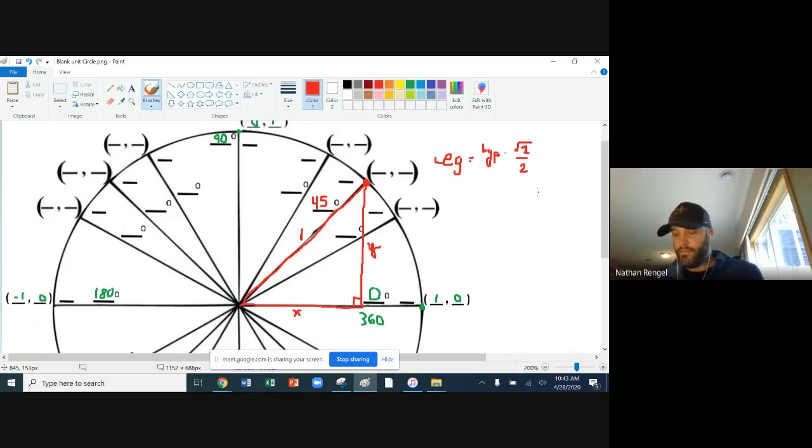Also, you'd put that you would divide by the square root of 2. Either way, you're going to rationalize, and whenever you're dealing with a 45, 45, 90, to find the leg, you're going to take the hypotenuse and multiply it by the square root of 2 over 2. Well, our hypotenuse in this case is 1, so 1 times the square root of 2 over 2 is still the square root of 2 over 2.